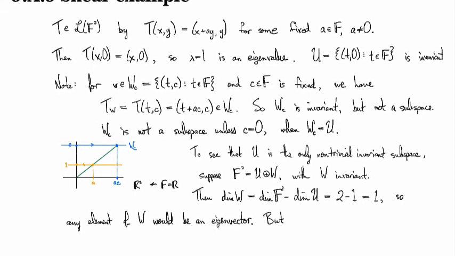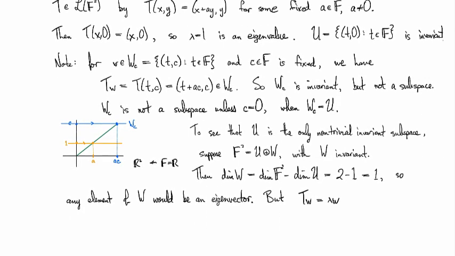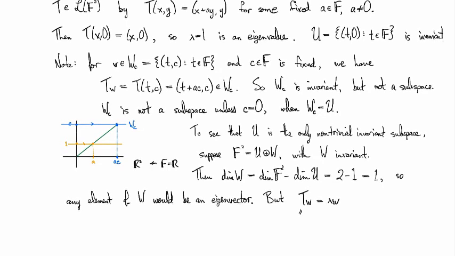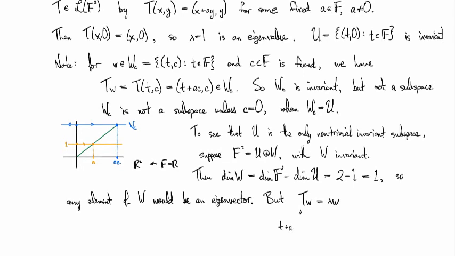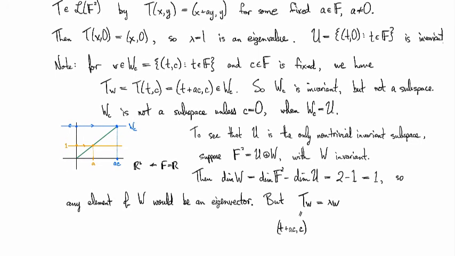But if we look at the equation TW equals lambda W, then on the left side, by the definition of our operator, we have T plus AC, C for whatever point T comma C we've chosen.